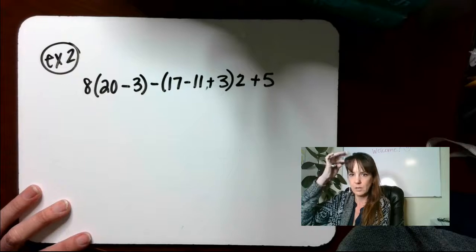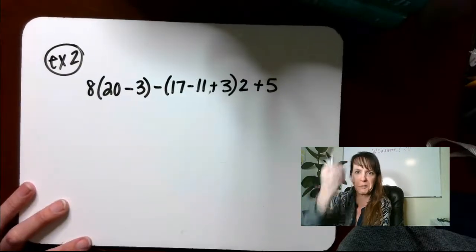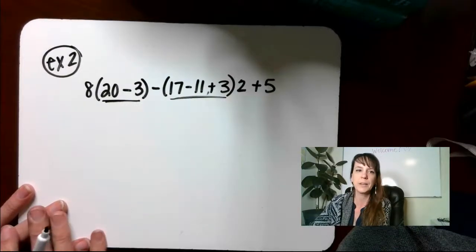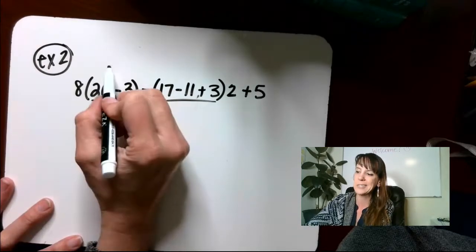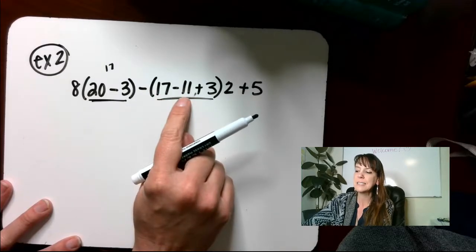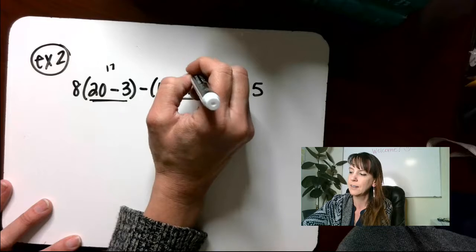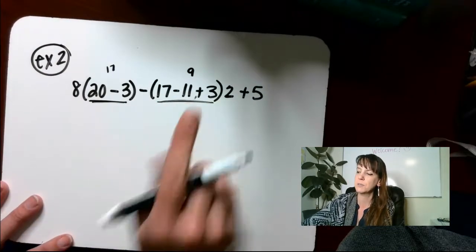Parentheses first, this one. If it helps, 20 minus 3 we know is going to be 17. I'm just going to write that up there as a reminder. 17 minus 11 is going to give me 6, plus 3 is going to give me 9, okay? So 17 minus 11 gives me 6, plus 3 more gives me 9.